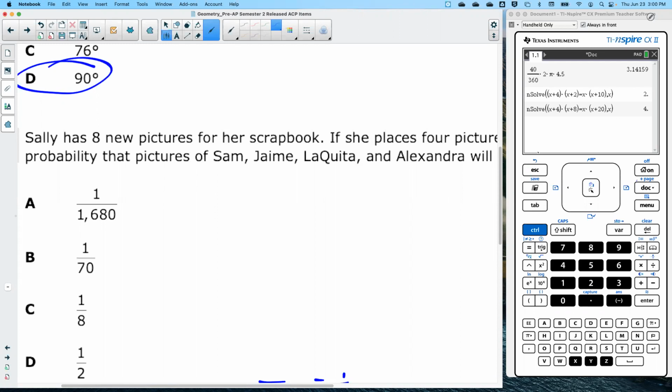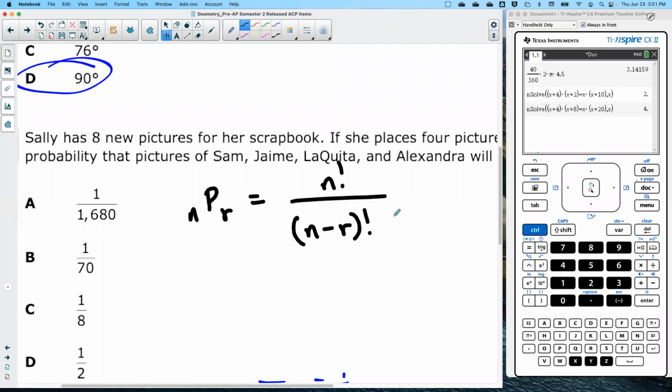I think it's an NPR. If that formula, what's an NPR? NPR, n exclamation mark, over parentheses n minus r, exclamation mark. Why do we add symbols?